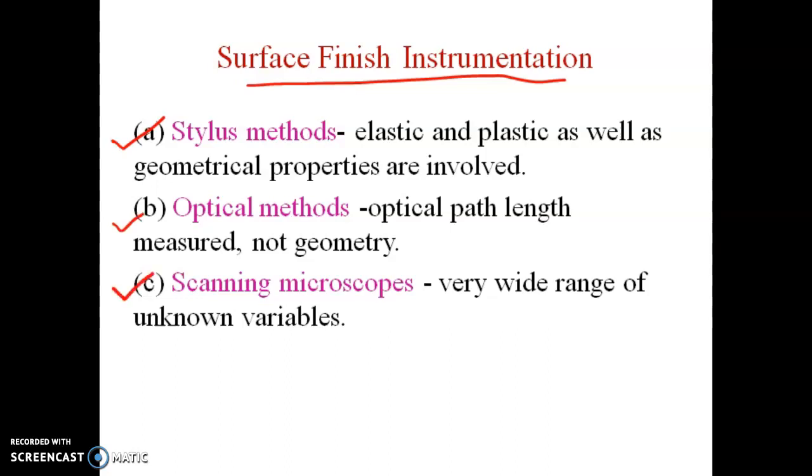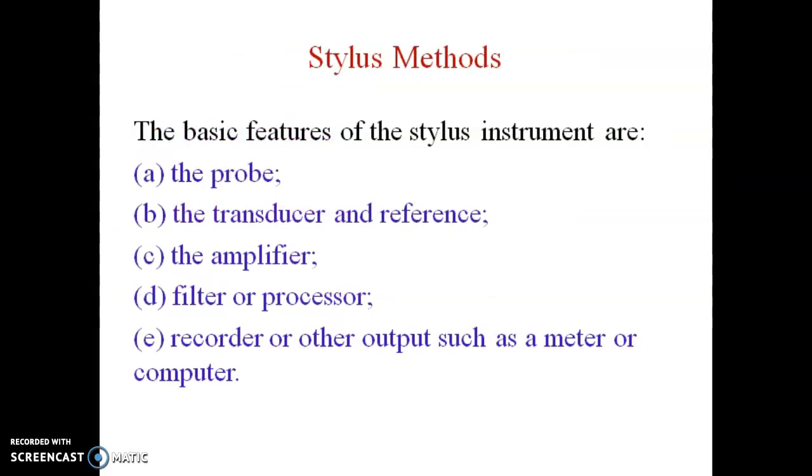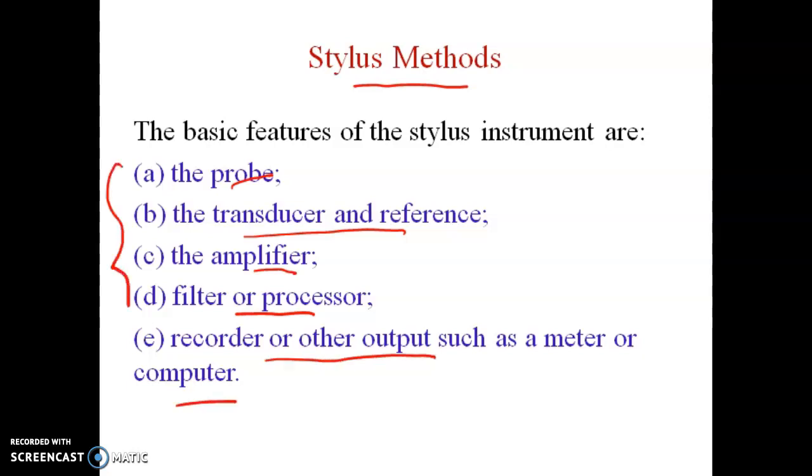In the stylus method, instruments such as the profilometer and Talysurf come under stylus methods. It employs a stylus, otherwise known as a probe, and has a transducer and reference, an amplifier, a filter or processor, then a recorder or output such as a meter or computer. These are the components of a common stylus instrument.